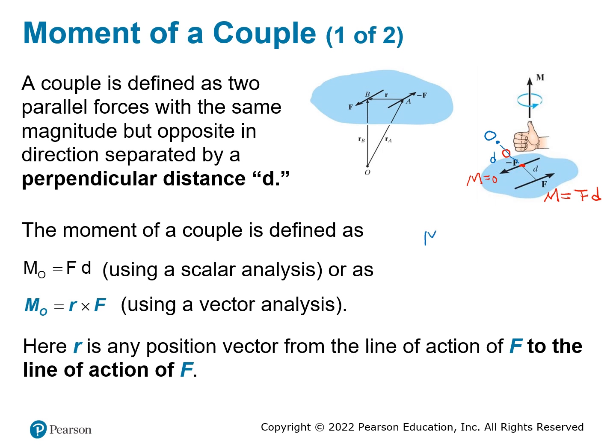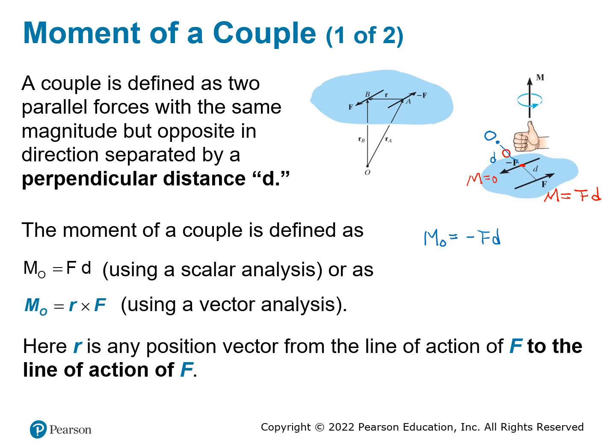If we use that, we will see, well, for the negative f, the distance is going to be d. So we have negative f times d, because this is a clockwise direction of the rotation.